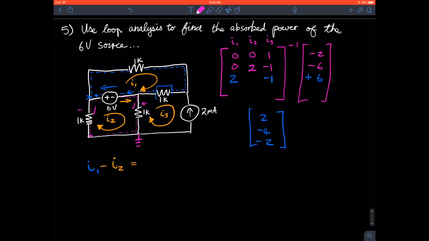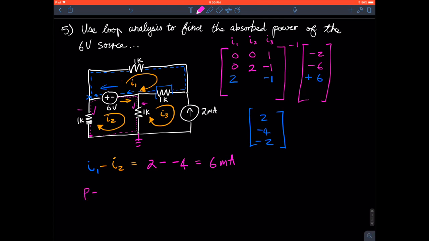I1 is 2, minus I2, which is -4. As you can see, that's going to equal 6 milliamps. So we know that this is supplying 6 milliamps.